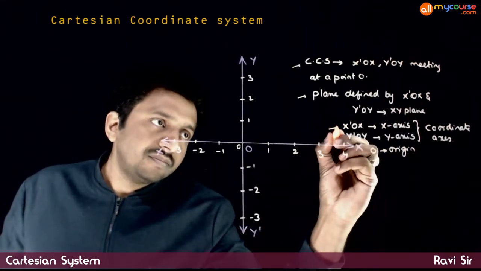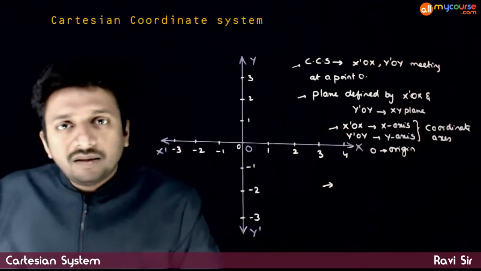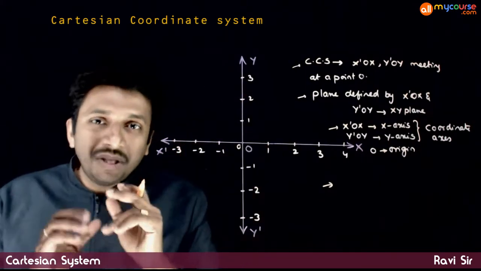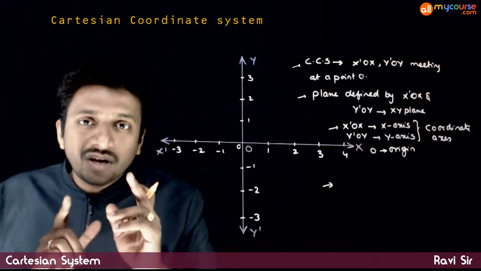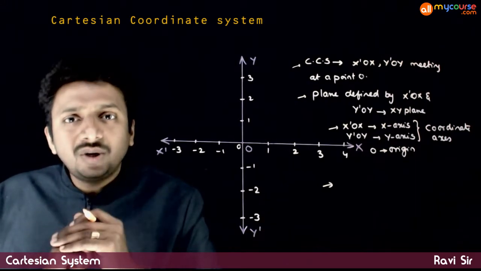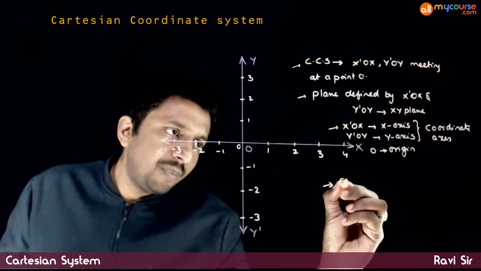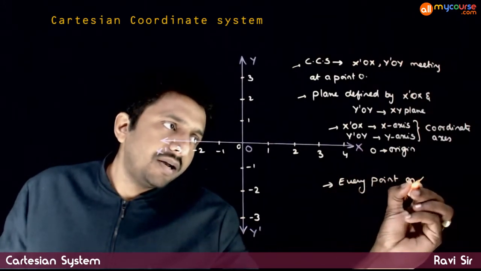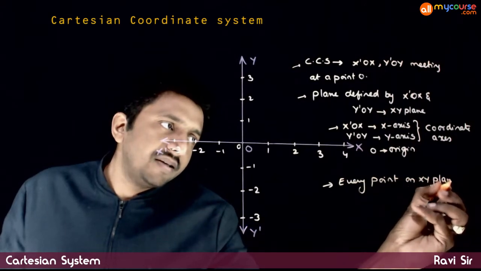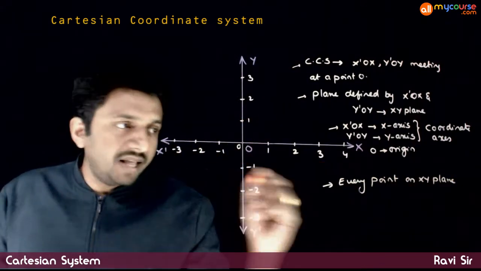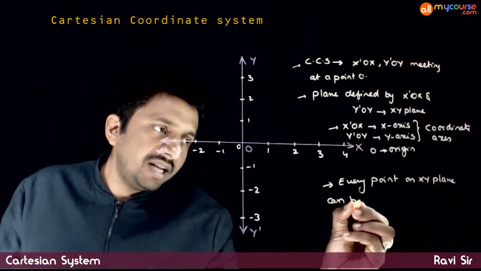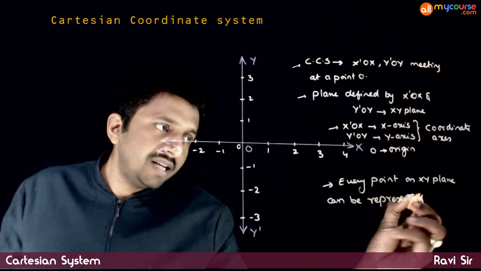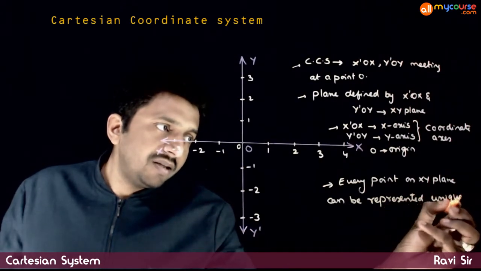Now, every point on the xy plane can be uniquely defined, or represented uniquely, in terms of an ordered pair containing two numbers. This is an important point.